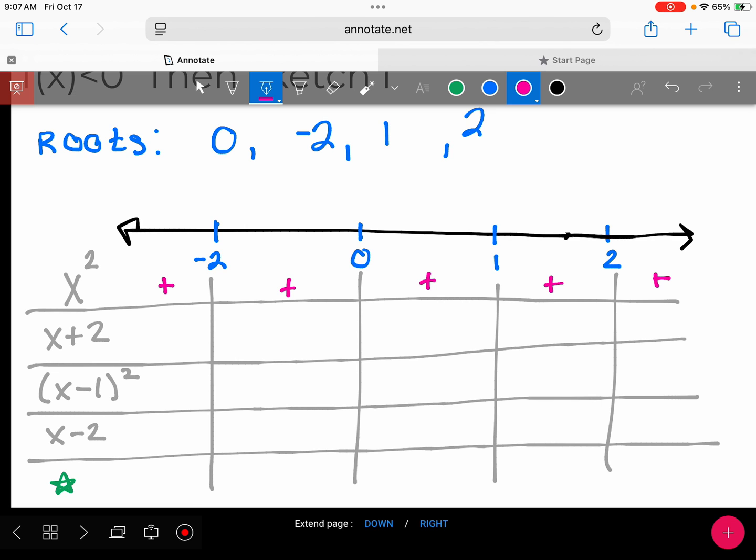So when we have things like double roots, including those powers, when we set up a positivity table, anything squared is always going to be positive. So we really only need to fill in these two rows.